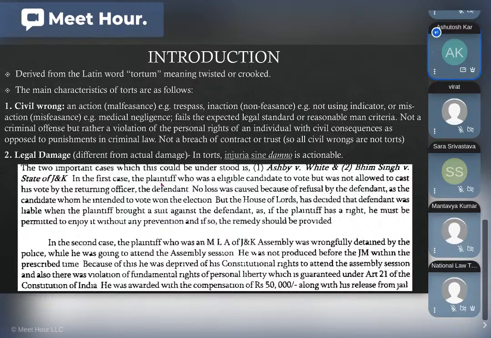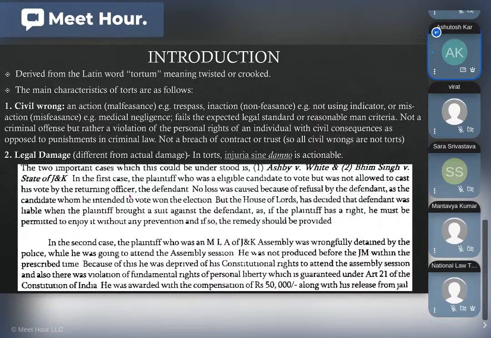So here, Ashby versus White means this is a case where the plaintiff was an eligible candidate to vote, right? We all have the right to vote in our elections. But what happened there was he or she was not allowed to cast his vote by the returning officer. The returning officer is the one who helps you cast your vote, and he refused this.